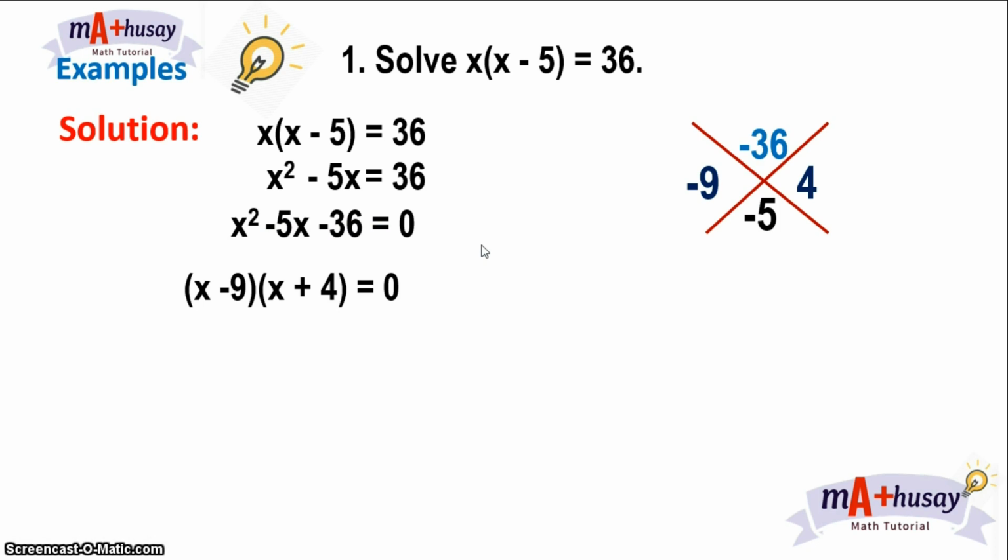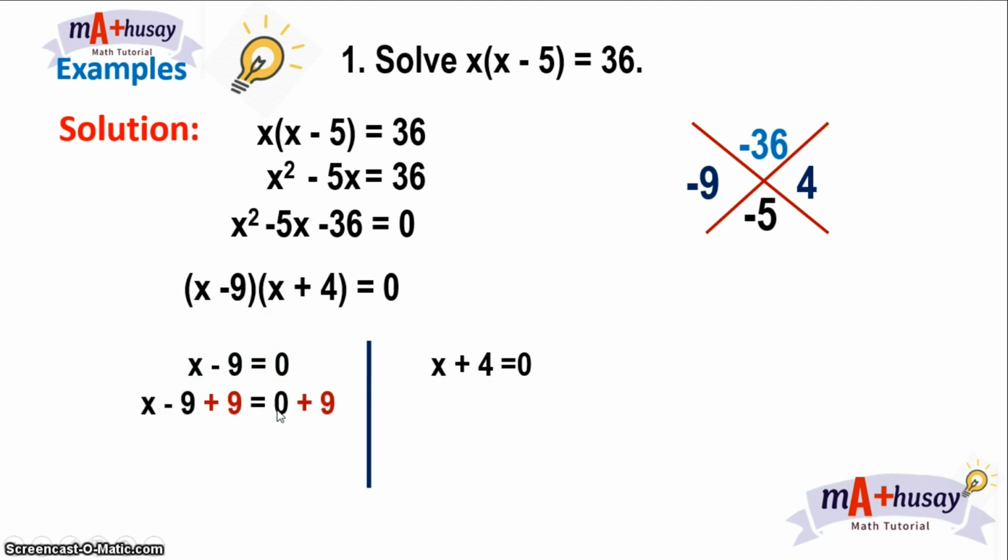Now, in this case, we can now solve for the values of x. By zero product property, we have x minus 9 equals 0 and x plus 4 equals 0. Now, we have to solve for x. So, for x minus 9 equals 0, we have to add both sides of the equation by positive 9.